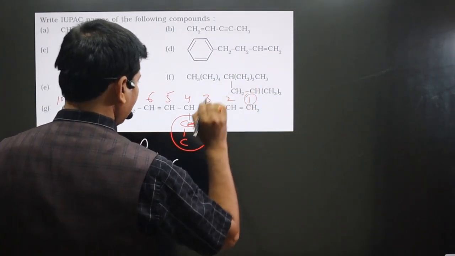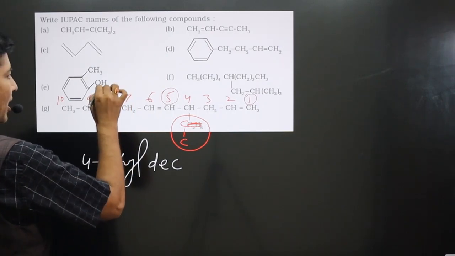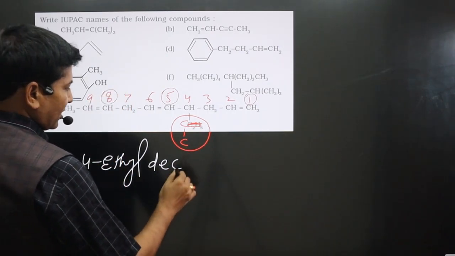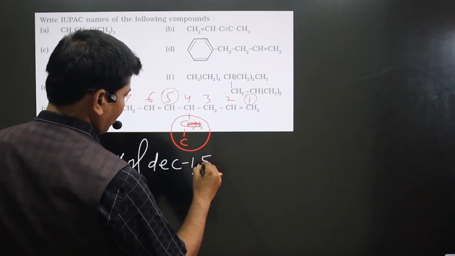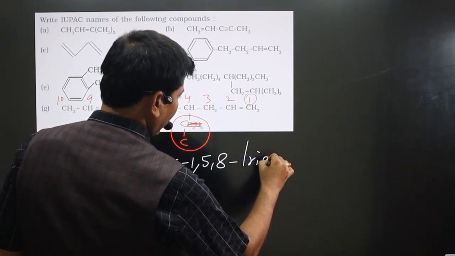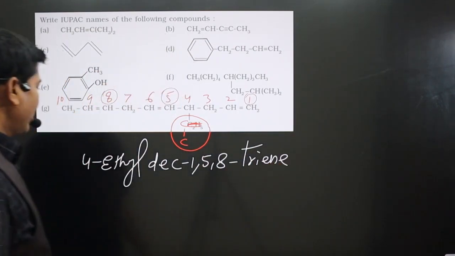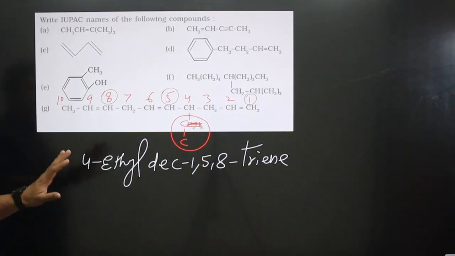Here we have the first carbon. Then we have the fifth carbon, and then we have the eighth carbon. So we can mention here 1, 5, and then 8, and then we mention triene. Okay, so 4 ethyl dec 1,5,8 triene. This is the name of this compound.